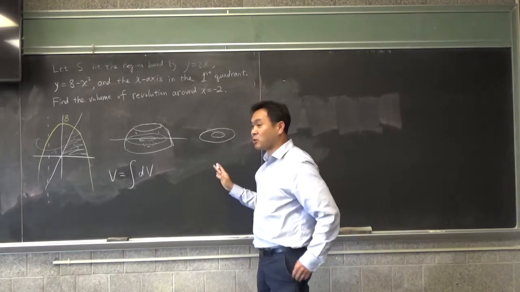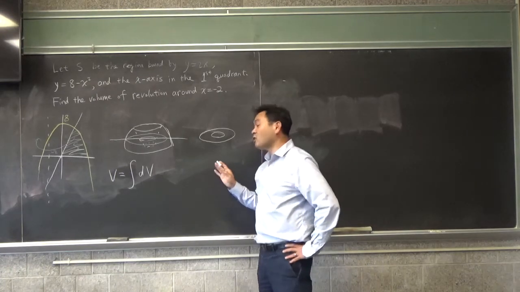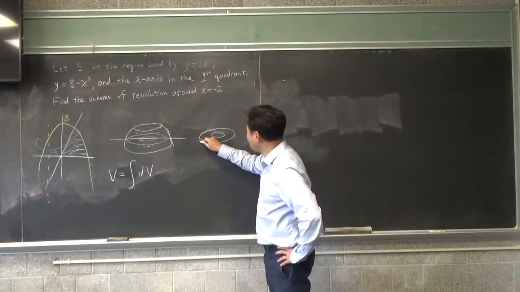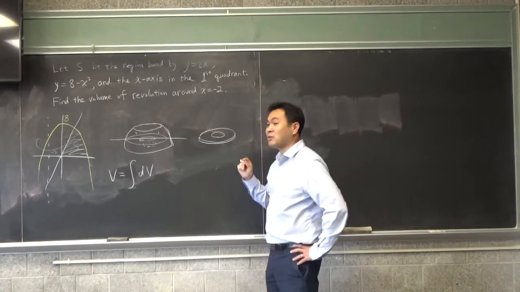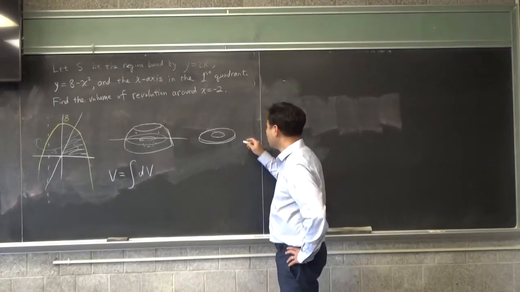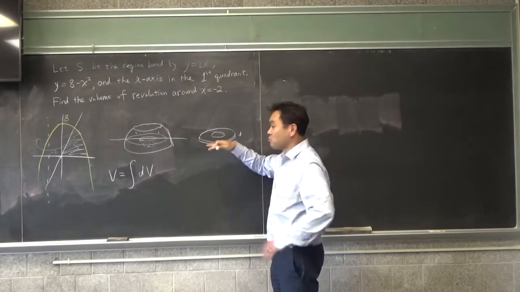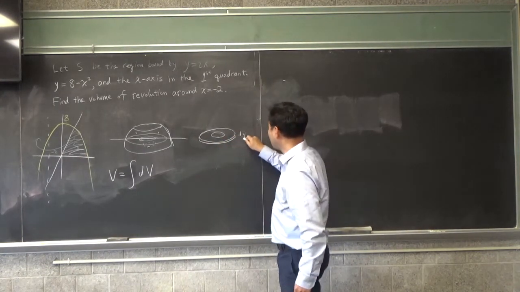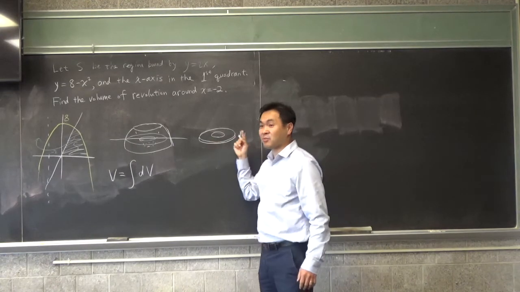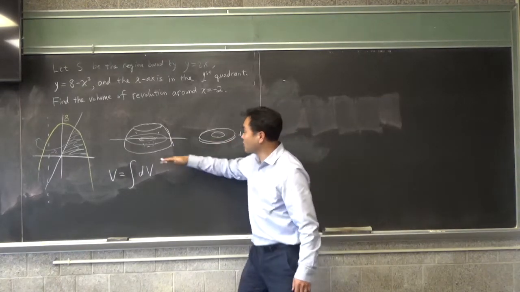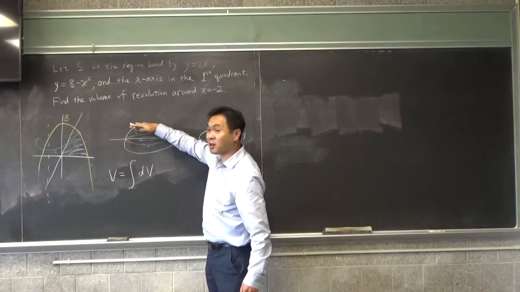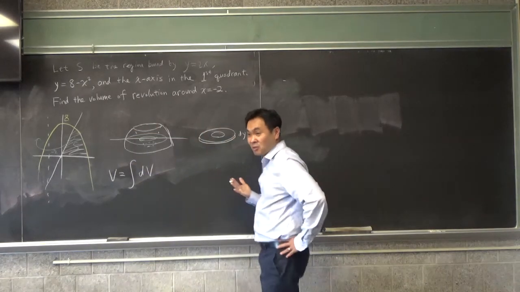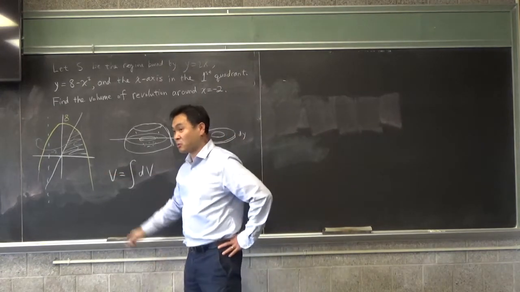But the great idea of calculus is that there's something very close to 0, but not 0. Those are called infinitesimals. So if you thicken this thin washer ever so slightly by dy, so that now it has a volume, and then add them from base to top, they give us the volume that we want.